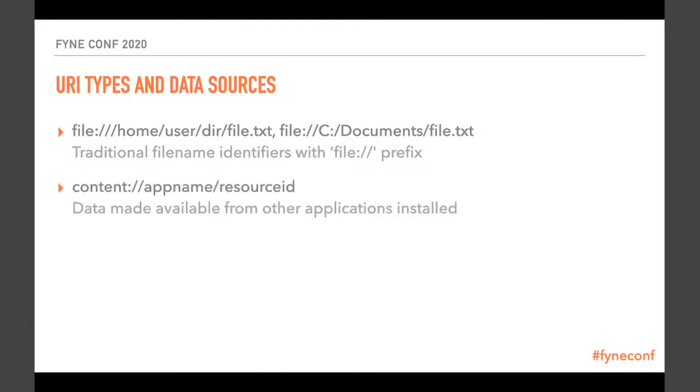However, it might not be a file at all. A file picker could indeed return something more like this, a content-based URI. This is something that you probably see a lot on Android if you've been developing apps there, or even if you've been running your Fyne apps in Android using these new APIs. The data that you are being returned might be identified by the application it came from and the resource identifier internally.